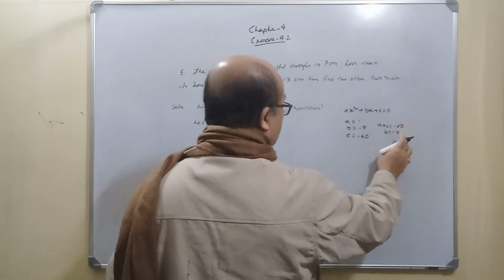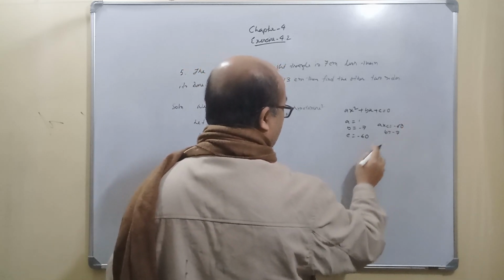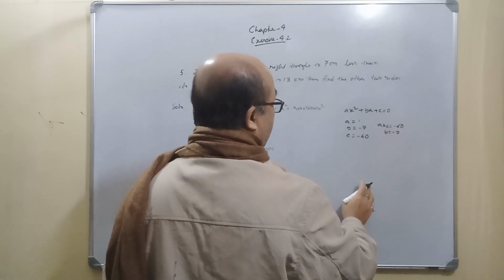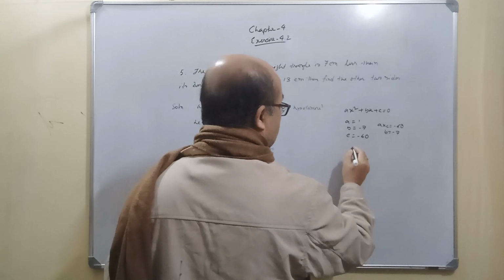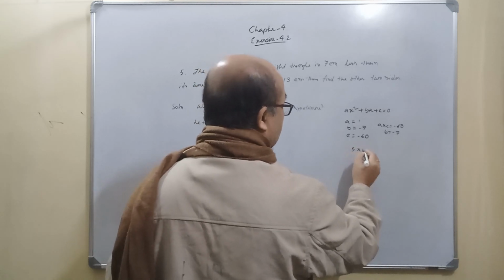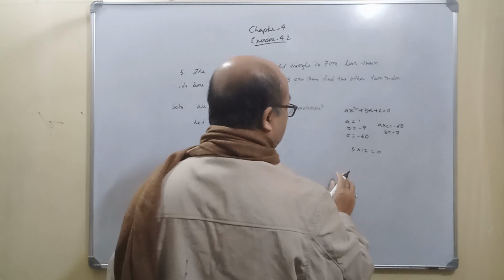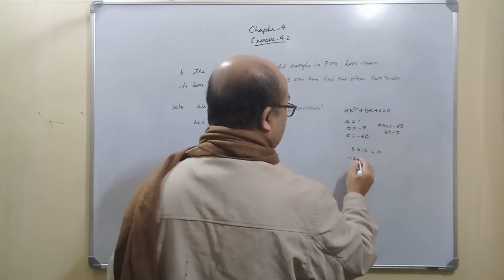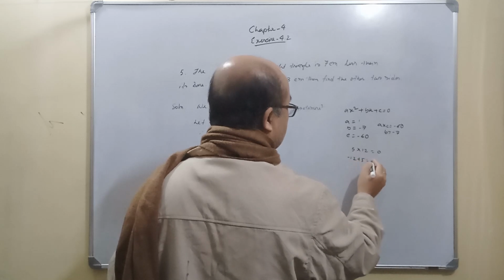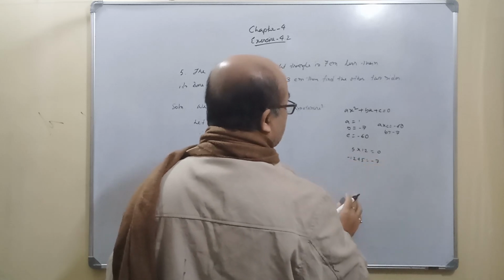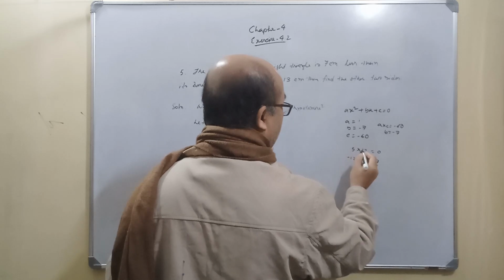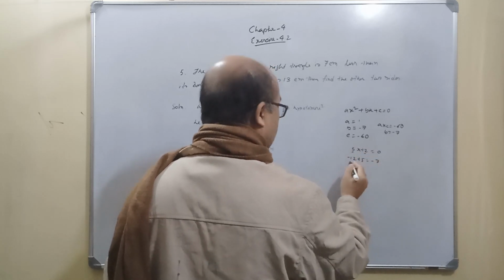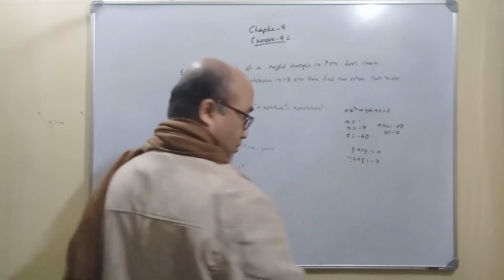So we need two numbers whose product is minus 60 and whose summation is minus 7. So the two numbers can be 5 into 12 is 60 and minus 12 plus 5 is minus 7. We need these two numbers, 5 and minus 12.